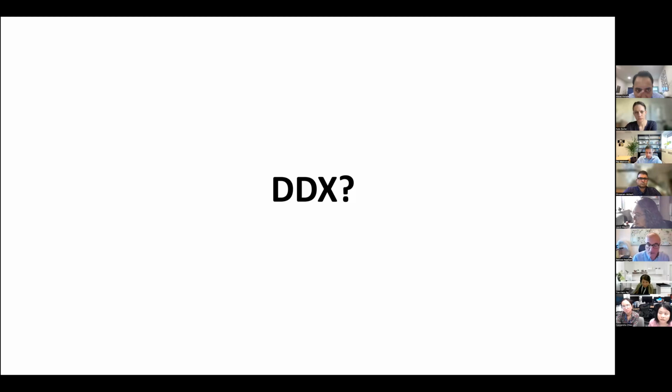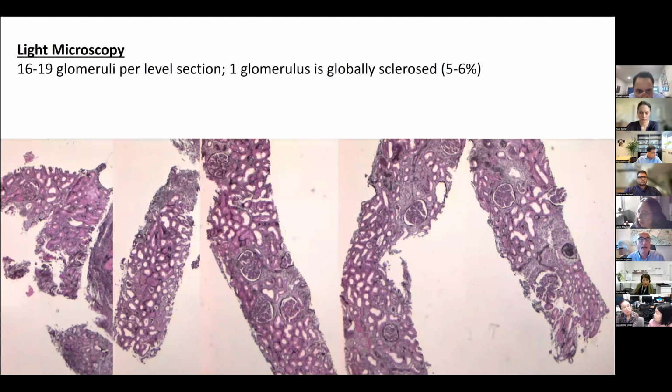Okay, so let's move ahead and see what we found in the biopsy. This is a lower magnification light microscopy view, multiple pieces with 16 to 19 glomeruli per level section. Not much chronic injury. We had only one globally sclerotic glomerulus.